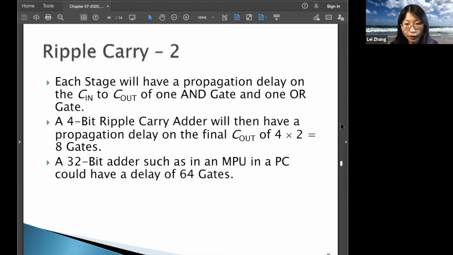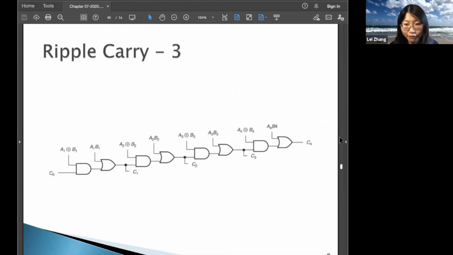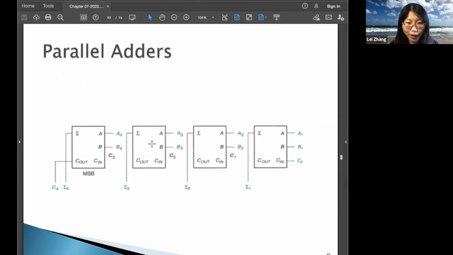So when we have a look at this circuit, what we have here is this carry in bit from the least significant bit, and this carry out bit. Where does it go? This carry out bit needs to be connected to the carry in bit of the next bit.